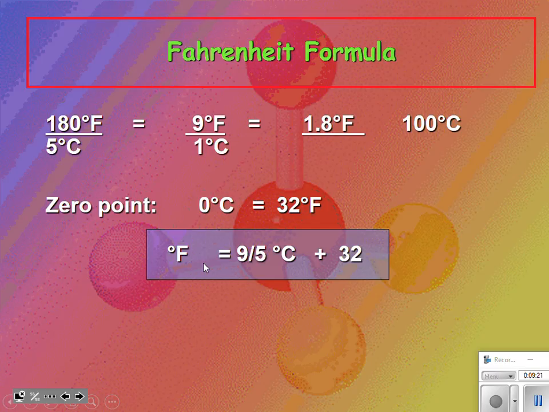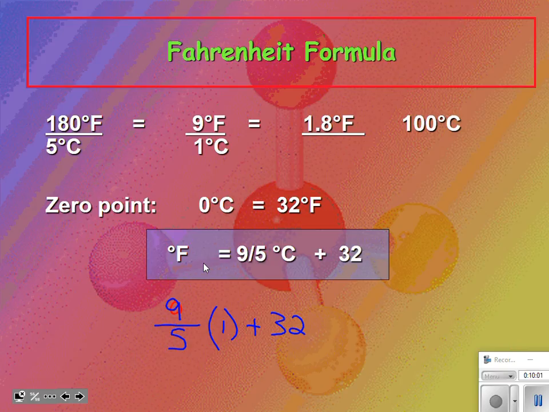If I have 1 degree Celsius, 9/5 times 1 plus 32 is what I am going to do mathematically.